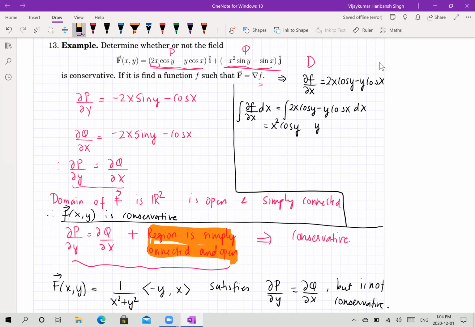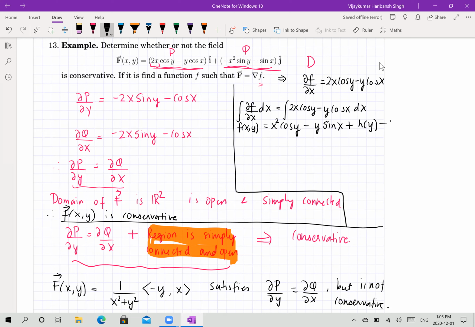Since we are integrating with respect to x, there is a constant, and that constant could be a function of y, because the derivative of a function purely in y with respect to x is 0. Now this is your f(x, y).